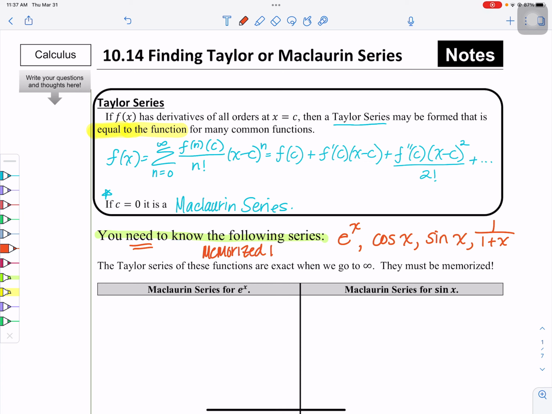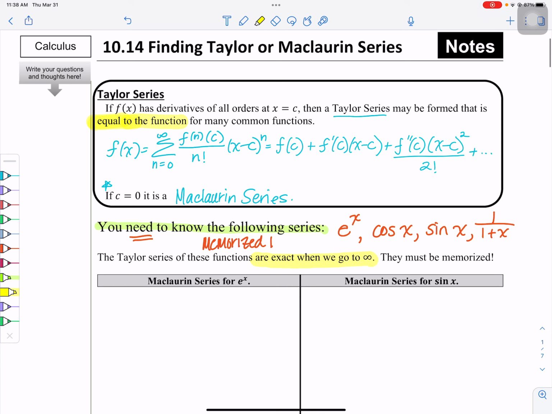The Taylor series of these functions are exact when we go to infinity, and this is really, really important. So we are actually coming up with an exact infinite series that equals that function. It's a pretty cool thing.